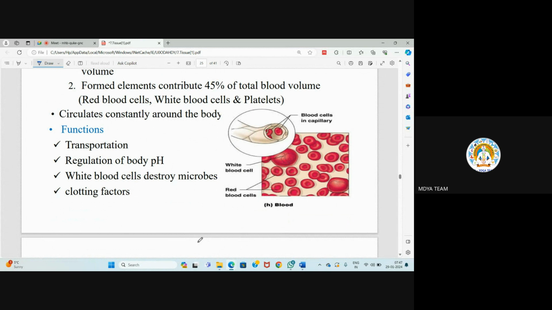So it is transporting the nutrition, and transporting the oxygen from the lungs, reaching throughout the body.